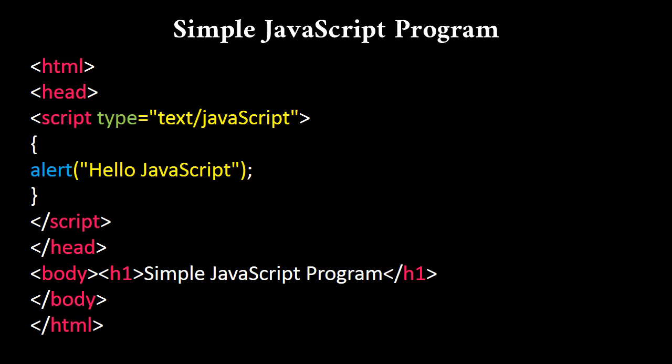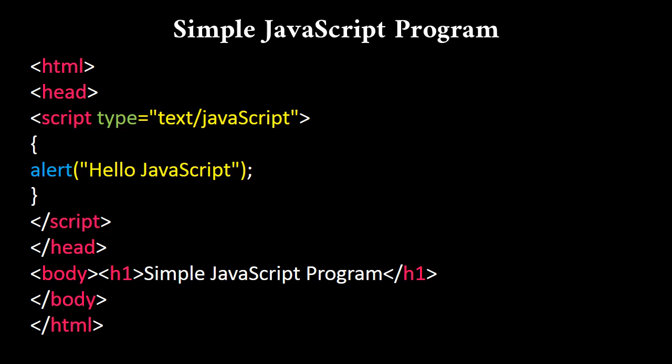Okay, so this program you are going to save. Once you save this program, then run it in the browser, any browser which is present on your computer. That may be Internet Explorer, Opera Mini, Google Chrome, Mozilla Firefox, etc. So it will display the output on your computer.